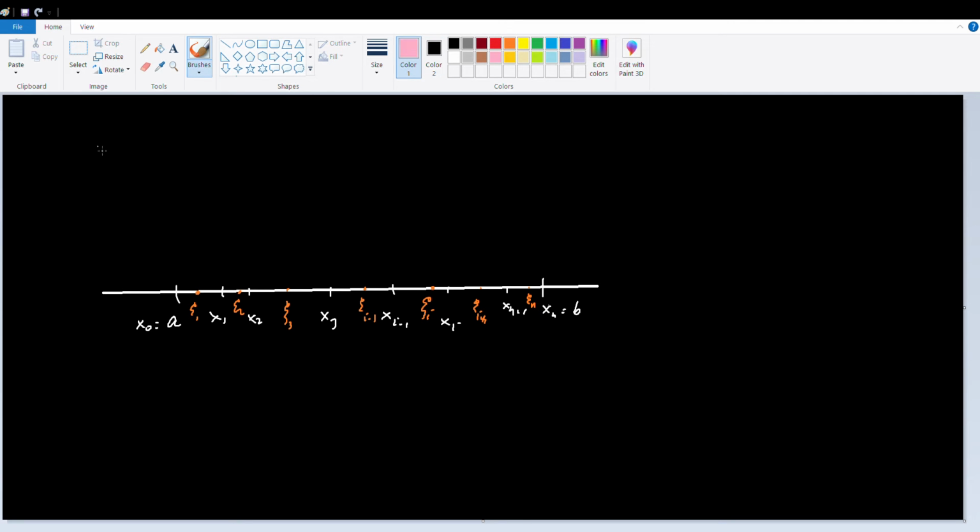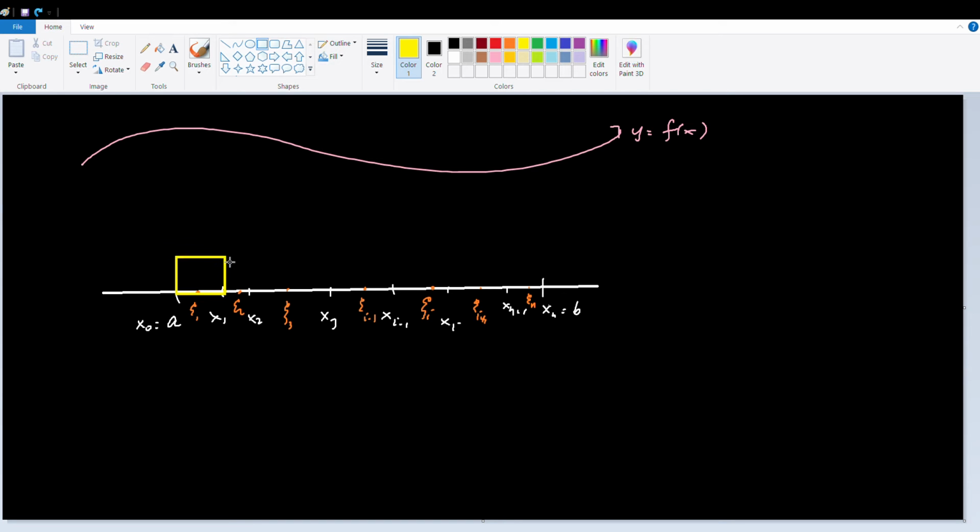And supposing that this is the function y equal to f of x. If we multiply our delta x sub 1, which is this much, with the height f of c sub 1, this is my f of c sub 1, that will give me the area delta sub 1 A, the area of that rectangle.